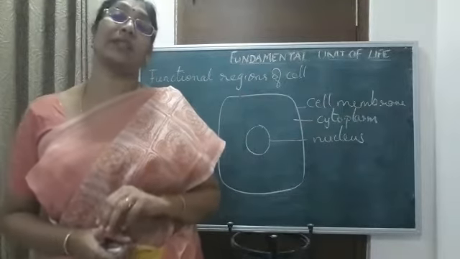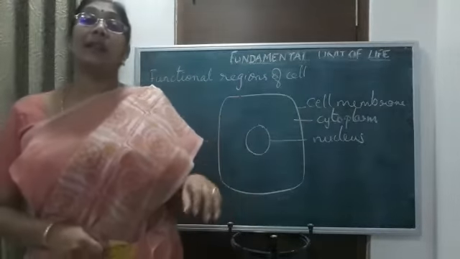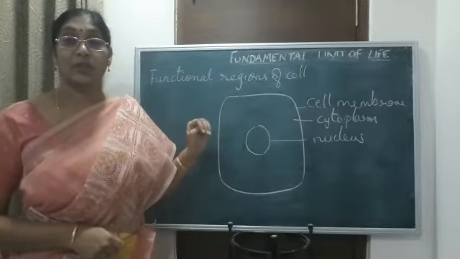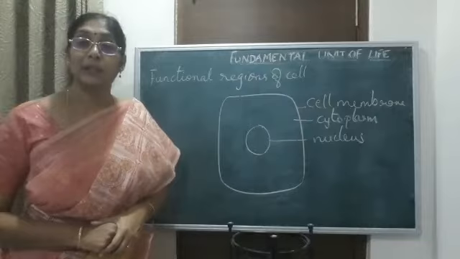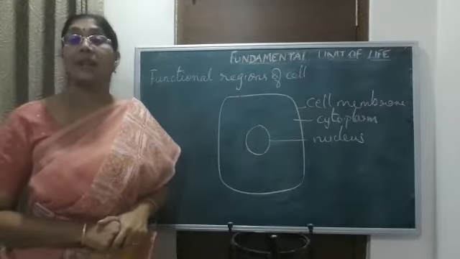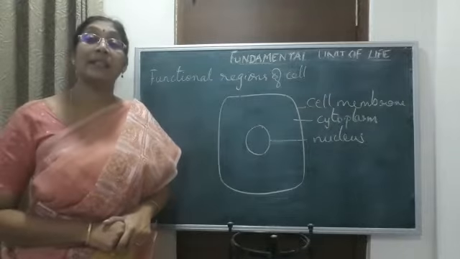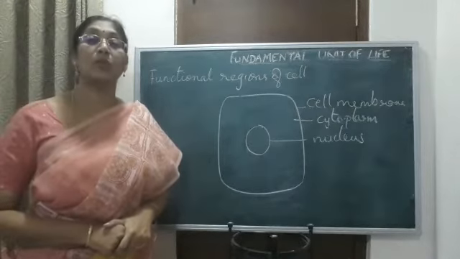The third function of the cell membrane, a very important function. This cell membrane is also called a selectively permeable membrane. The reason is that it selects what materials have to enter the cell or what materials have to move out of the cell.